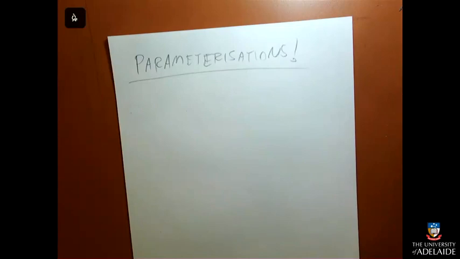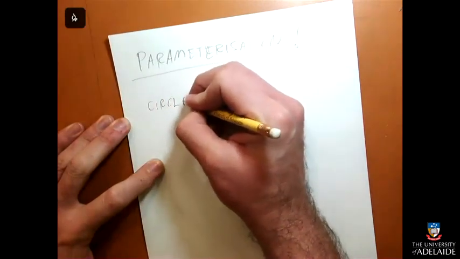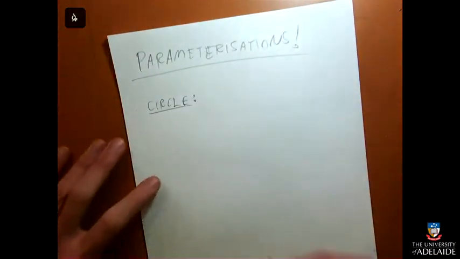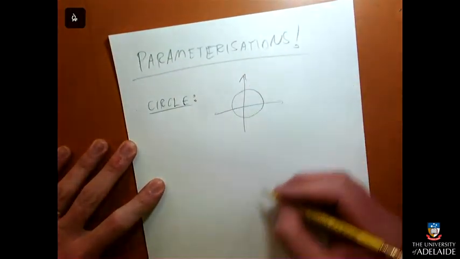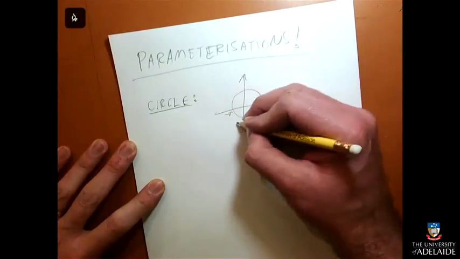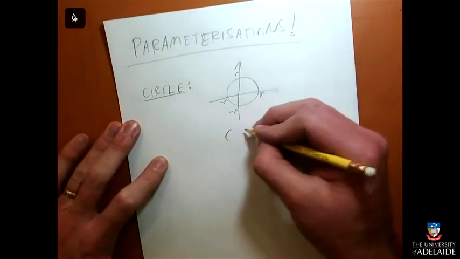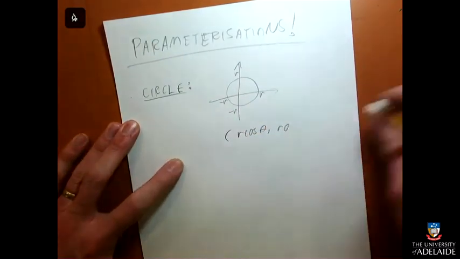Parameterizations, there is a classic basic parameterization, which is the parameterization of a circle. So for your classic circle of radius r has parameterization r cos theta, r sin theta.